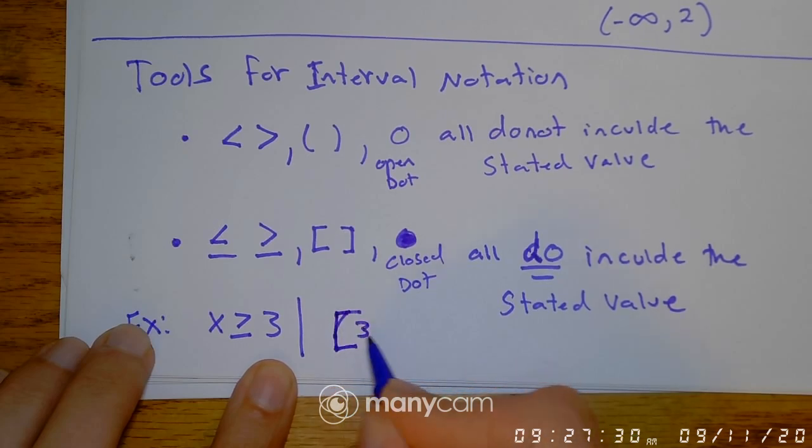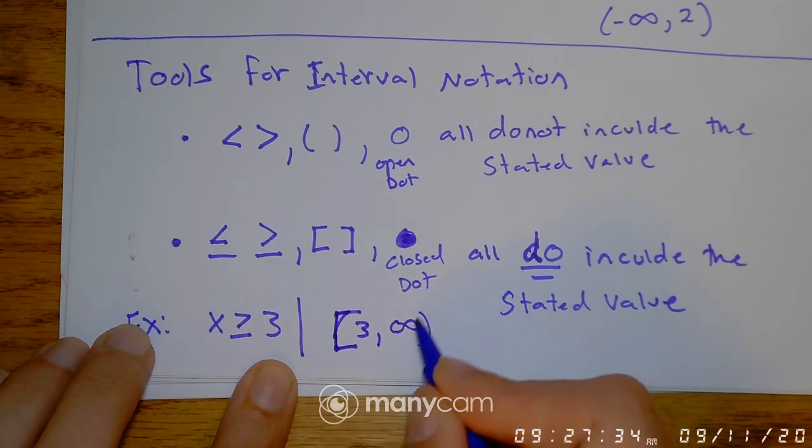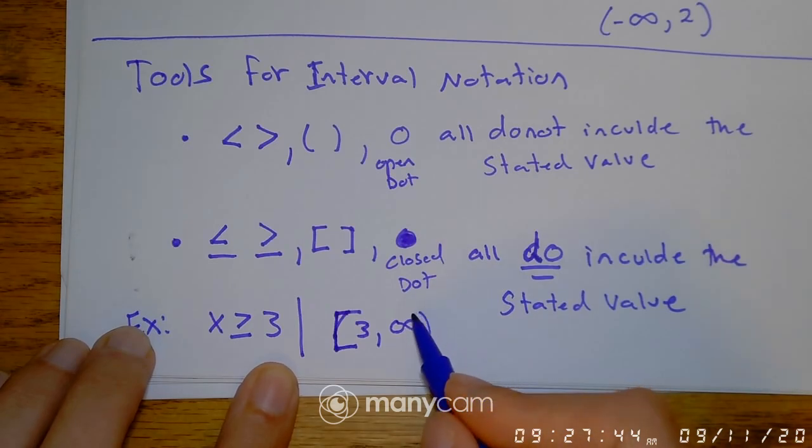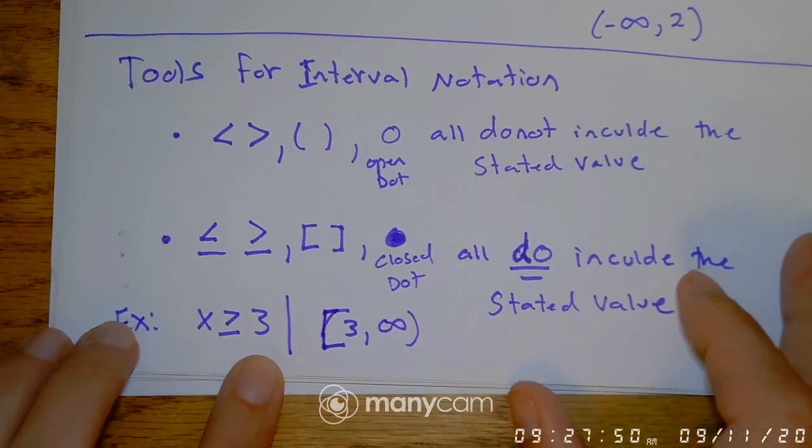This would be the same as bracket 3, infinity. Infinity will always be a parenthesis because infinity isn't a number, it's a concept. So you can't equal a concept. I know I spend a whole unit talking about that in calculus, but you can't equal infinity. It's a concept.